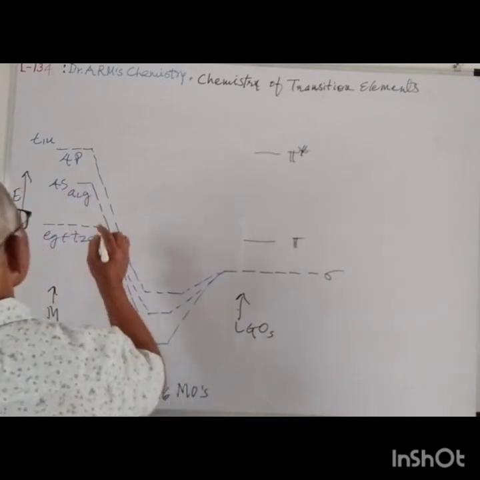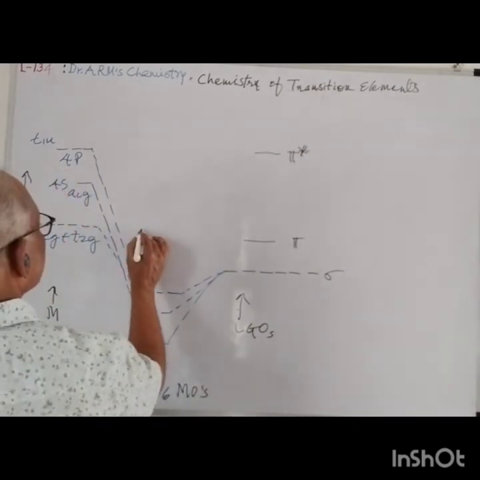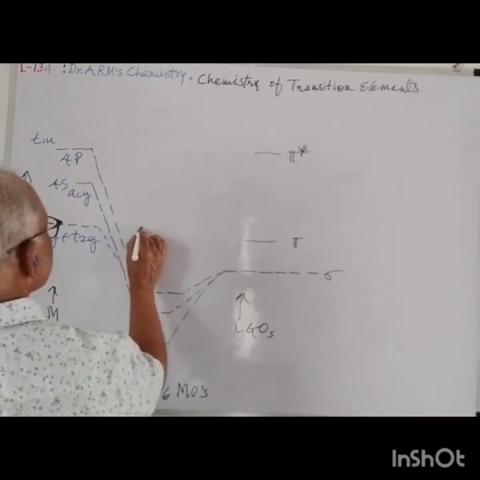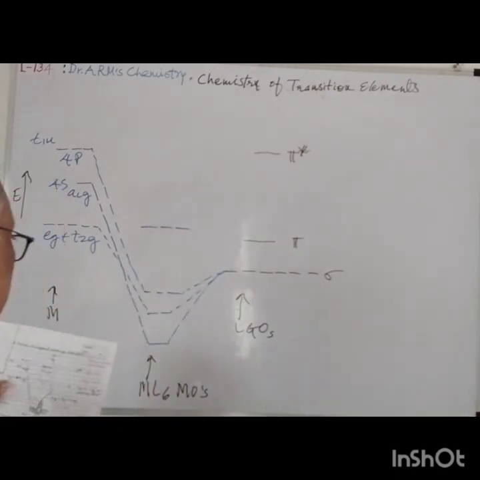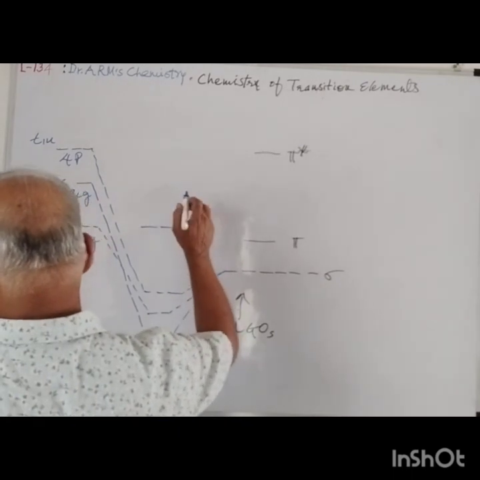Now the T2g will have no matching symmetry orbitals, so these three orbitals will remain non-bonding. We will label them later on.